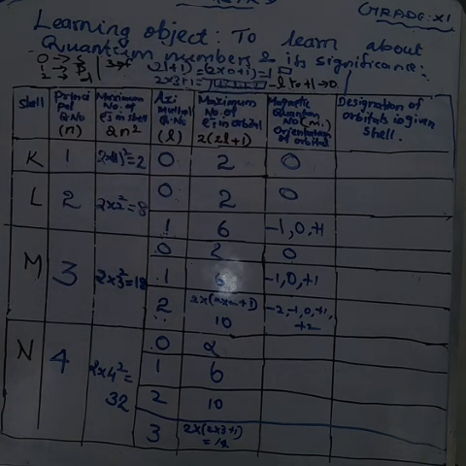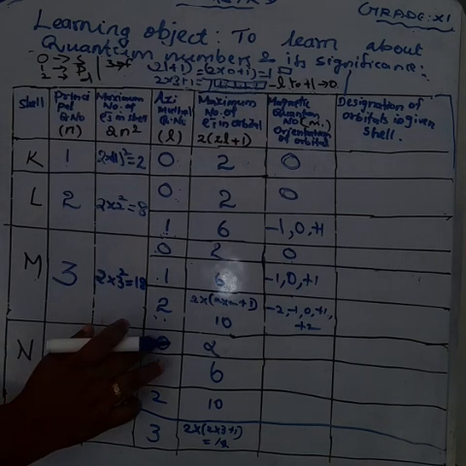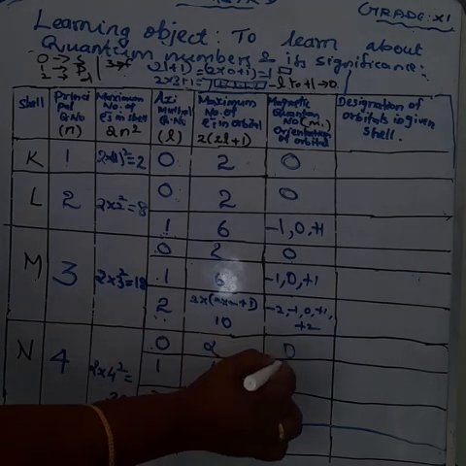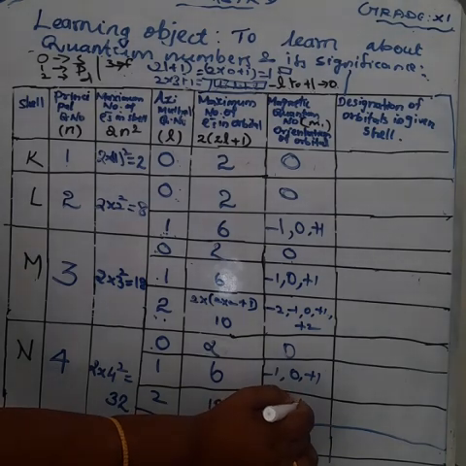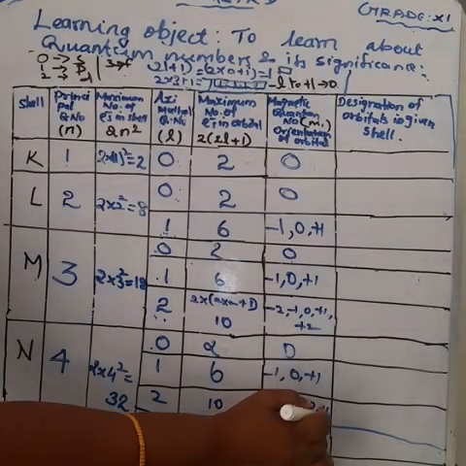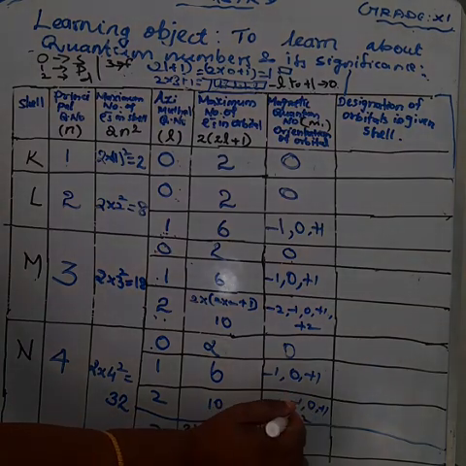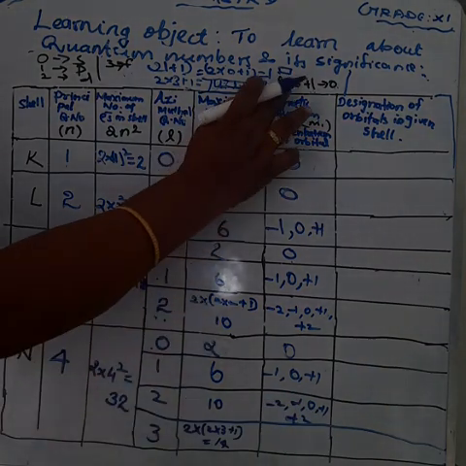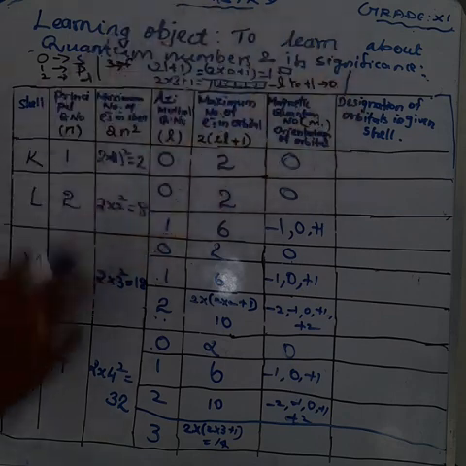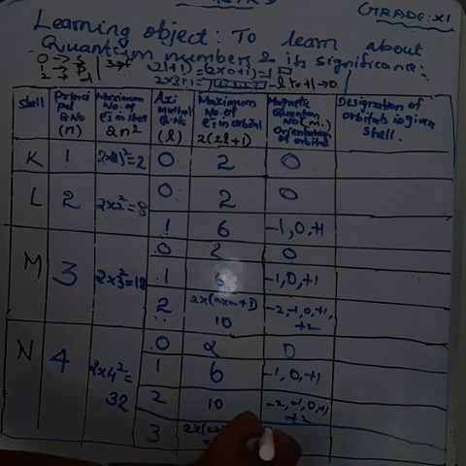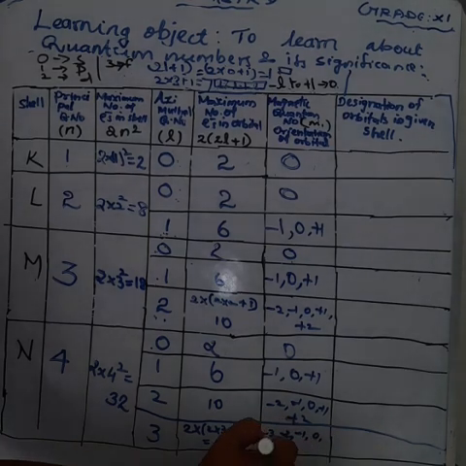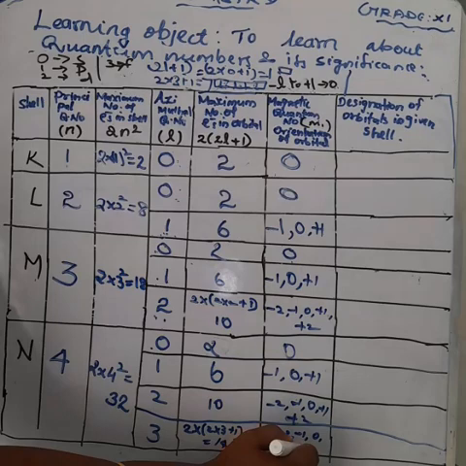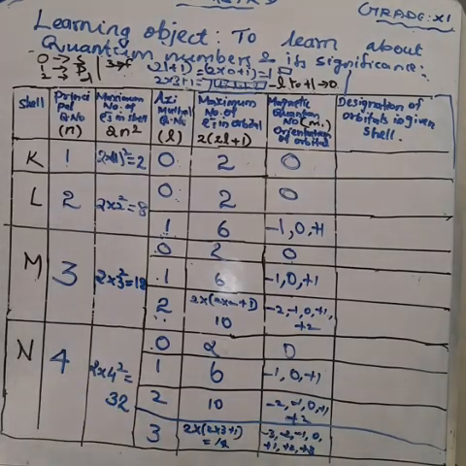The orientations are: 0 means 0, 1 means minus 1, 0, plus 1, 2 means minus 2, minus 1, 0, plus 1, plus 2. For the f orbital we write from minus l to plus l through 0, so with l value 3 we write minus 3, minus 2, minus 1, 0, plus 1, plus 2, plus 3. Totally 7 orientations for 7 orbitals.